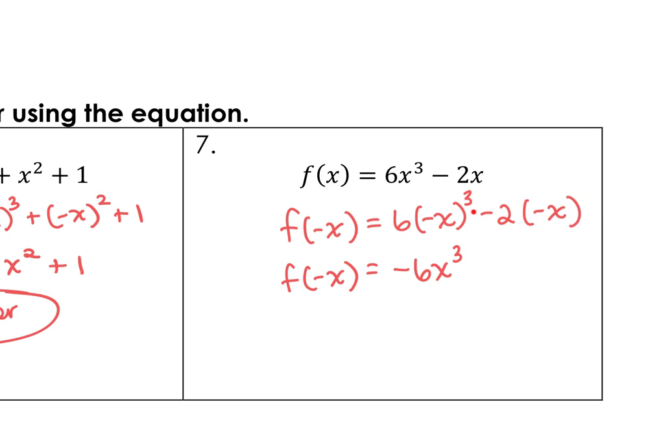And then this negative x times this negative 2 would be a positive 2x. Why is this one odd? We have the opposite output, right? This was a positive, this is negative, this was a negative, this is positive. So when we plugged in a negative x, we got a negative y. Everything became opposite for our output value. So because the opposite x gave us an opposite y, it's an odd function. Okay?